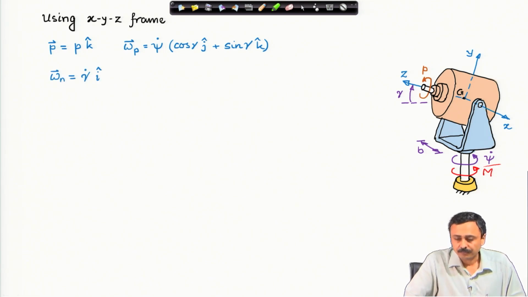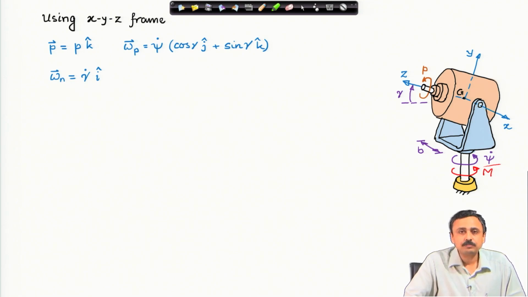Now, you can define this nutational angular velocity gamma dot, the rate of change of gamma, that means the rate of change of inclination of the axis of symmetry.